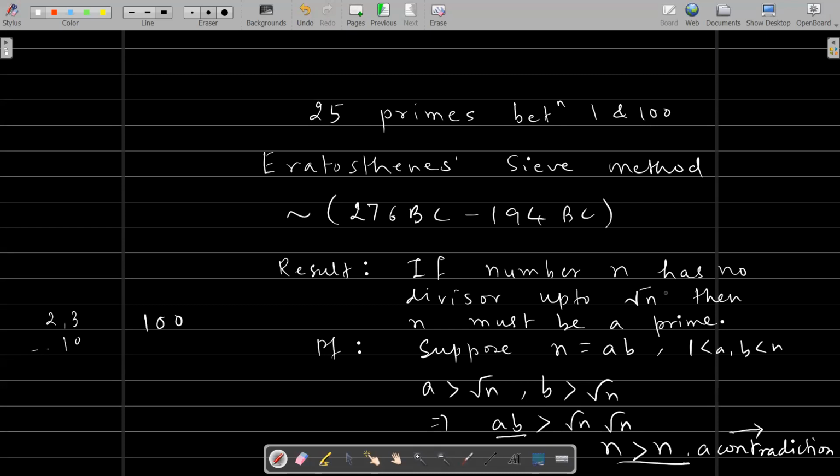I should write: no proper divisor greater than 1 up to root n. 1 is always a divisor. Yeah, shall we go ahead?